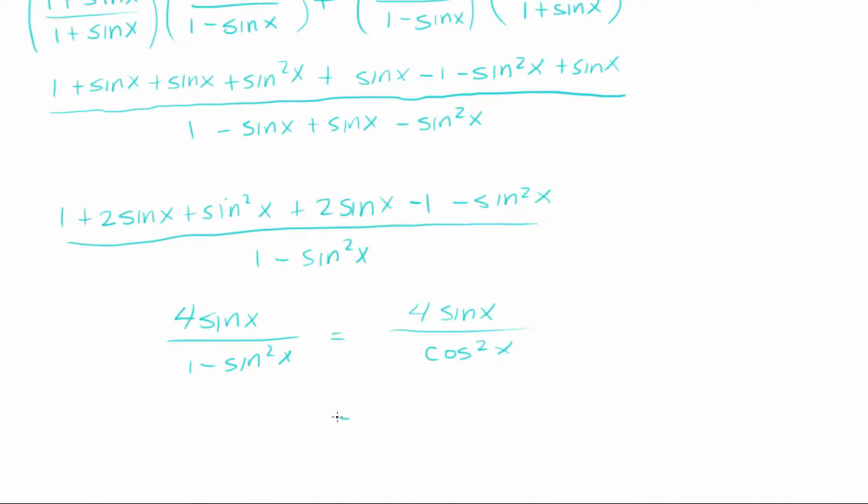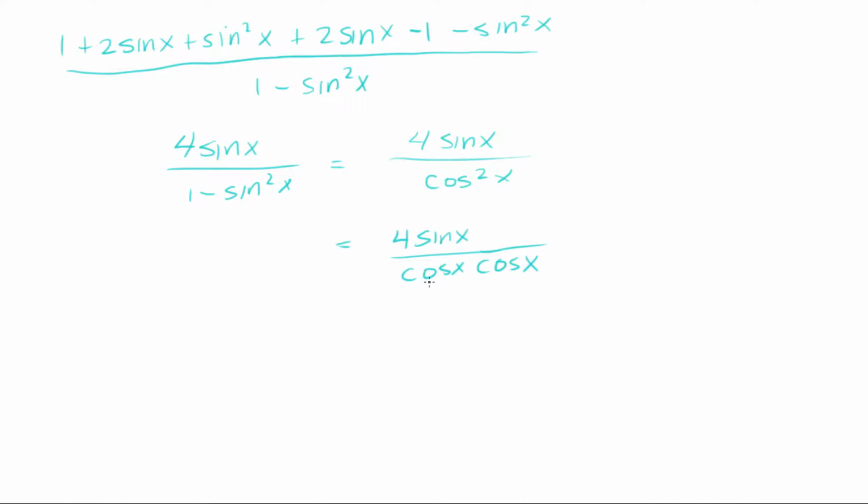Now this is the trick. I'm going to split cosine squared into 2. So I'm going to have 4 sine of x over cosine of x times cosine of x. Okay, and you can do that because the definition of cosine squared of x is cosine of x times cosine of x.